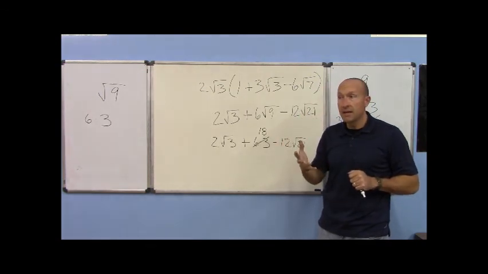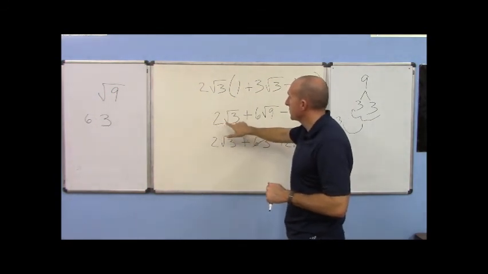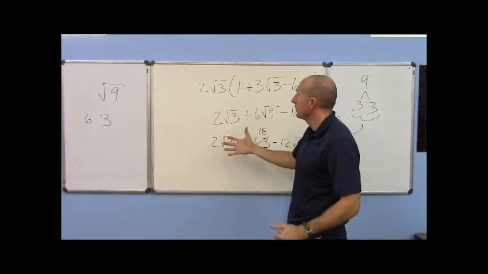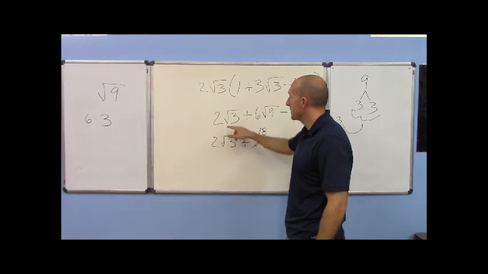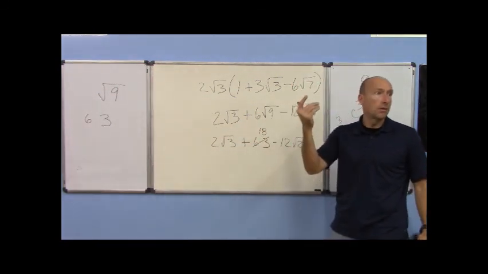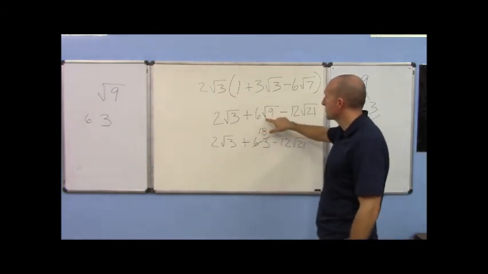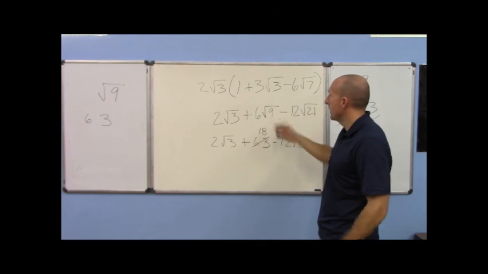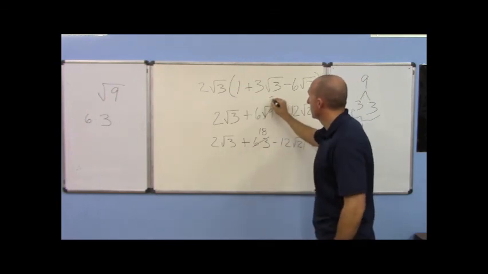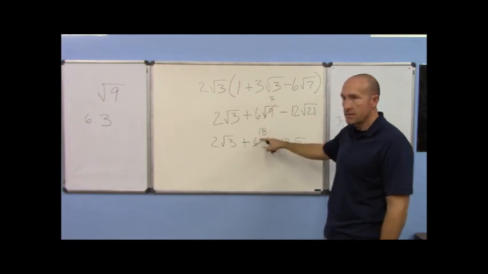What helps us understand is if we say it out loud. 2 times the square root of 3. Oh, I'm multiplying a 2 times the square root of 3. Saying it out loud helps your brain trigger, oh, I get this now. So 6 times the square root of 9. Well, what's the square root of 9? 3. Oh, 6 times 3, and that gives us our 18.